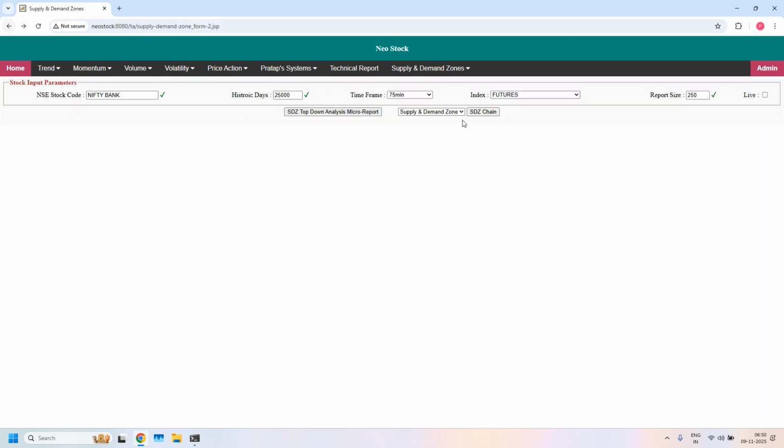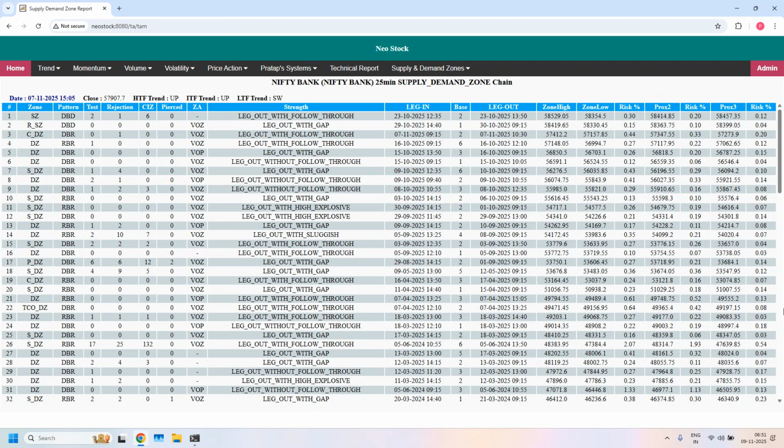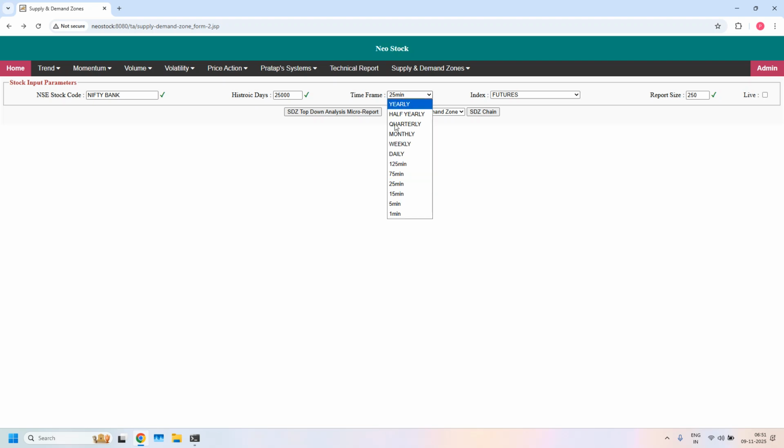Next, generating 25 minutes supply demand zone chain for BANKNIFTY. Next, generating 15 minutes supply demand zone chain for Bank Nifty.